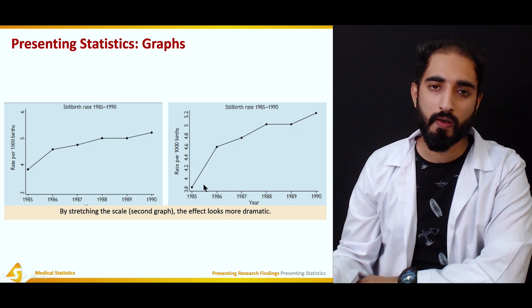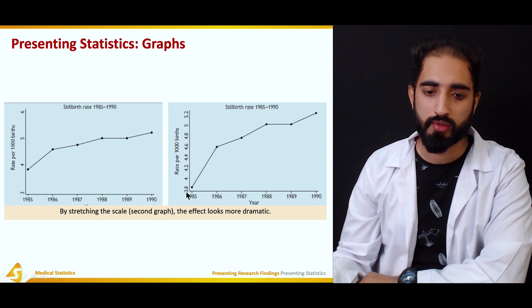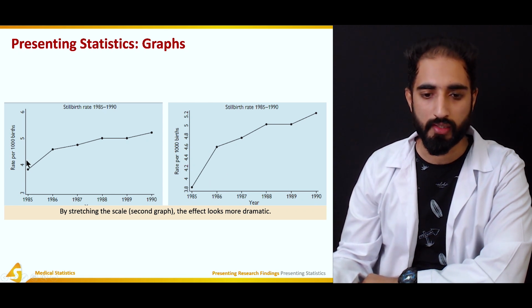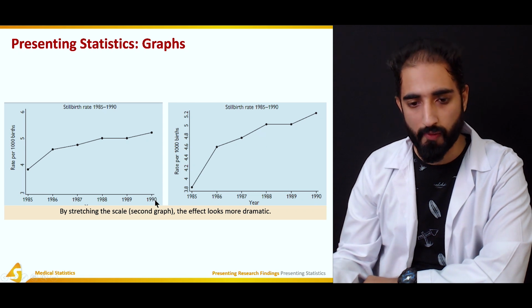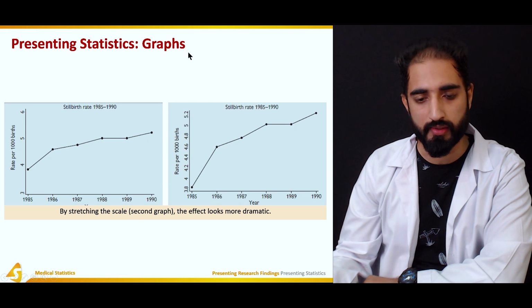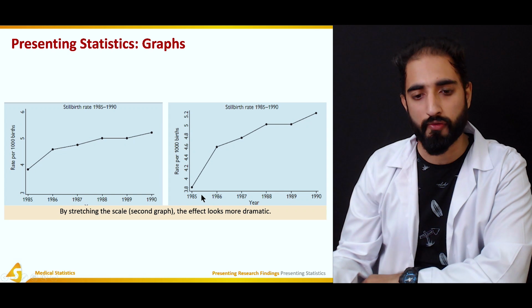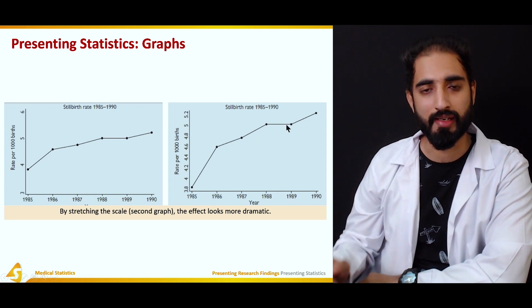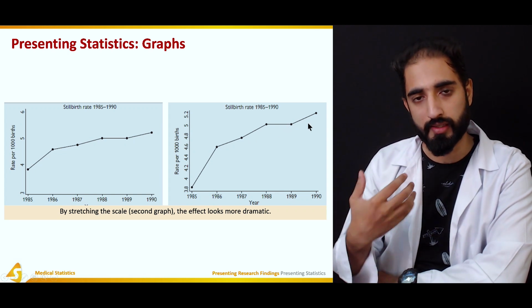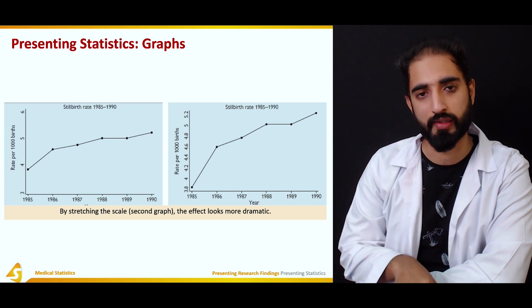The researcher has done it by using values like 3, 4, 5, 6 on one scale, and 3, 4, 4.2, 4.4 on the other, keeping one scale the same but stretching the other. This makes the effect look more dramatic, and the researcher is trying to influence the perception of the reader, which is not the right thing to do.